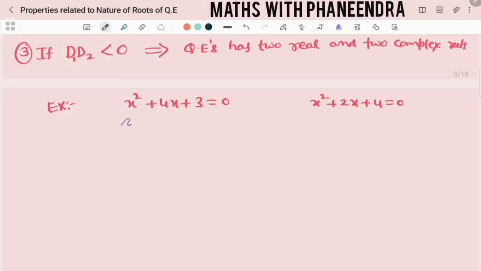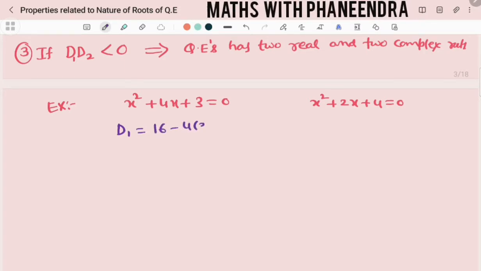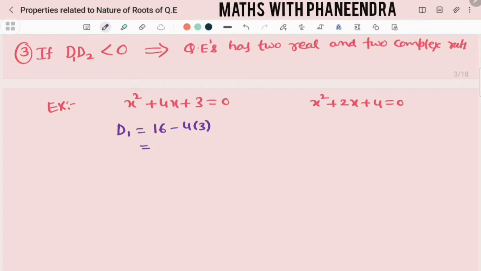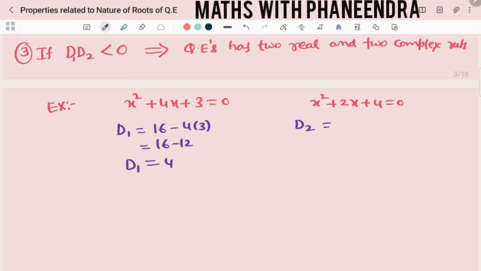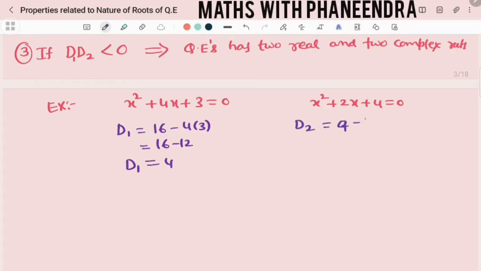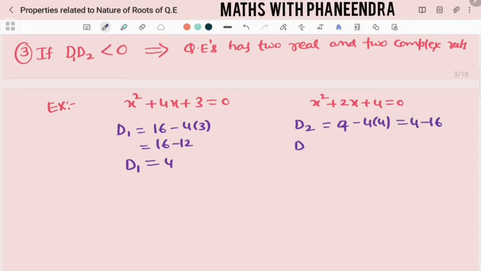Here d1 is 16 minus 4 into 3, 16 minus 12, which is equal to 4. d2 is equal to 2 square minus 4 into 4, which is 4 minus 16. So d2 is equal to minus 12.